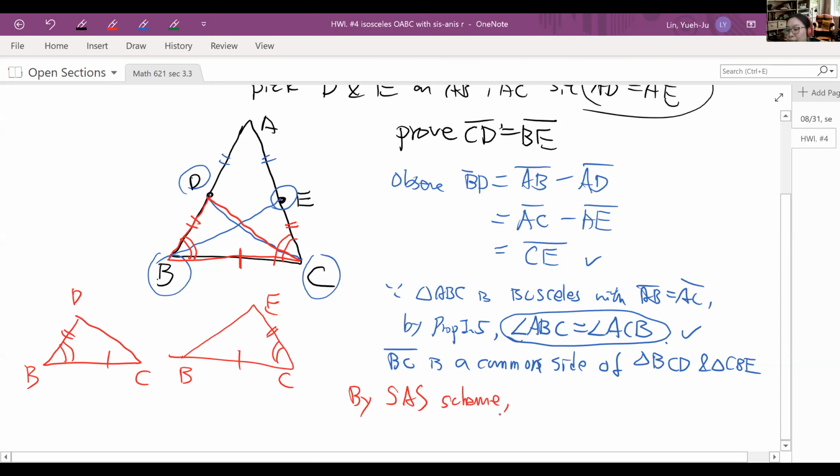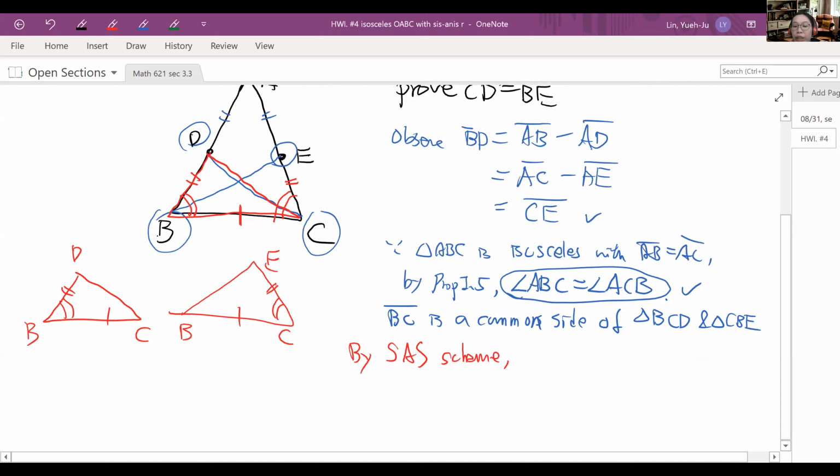the first conclusion you should state after the congruent scheme is that triangle BCD is congruent to triangle CBE. Then, because the two triangles are congruent, the corresponding sides should be equal.